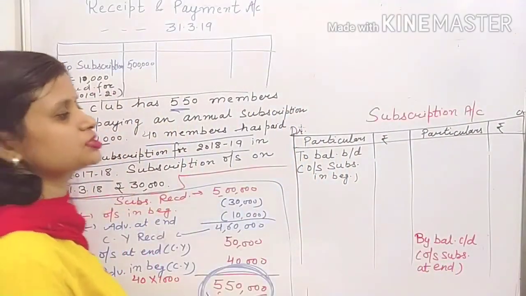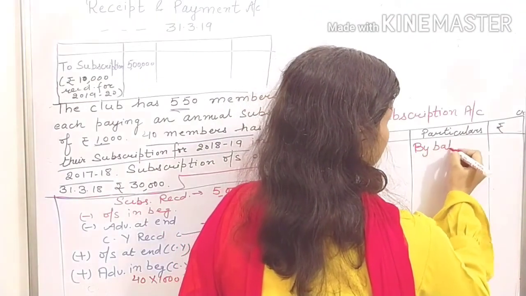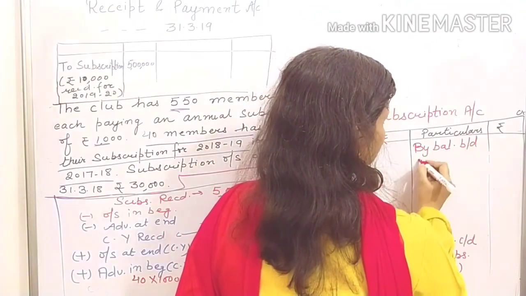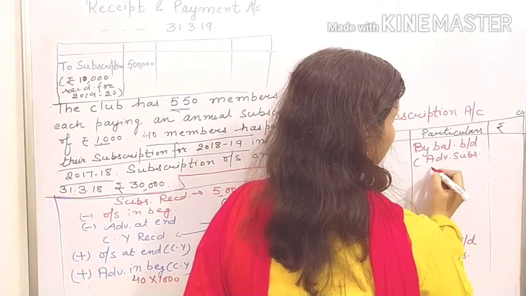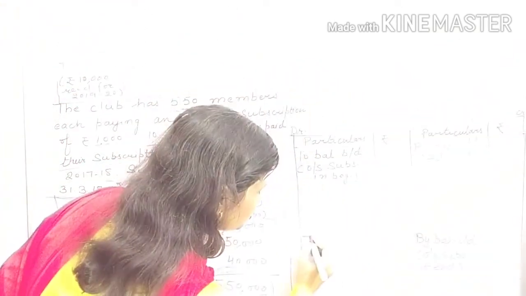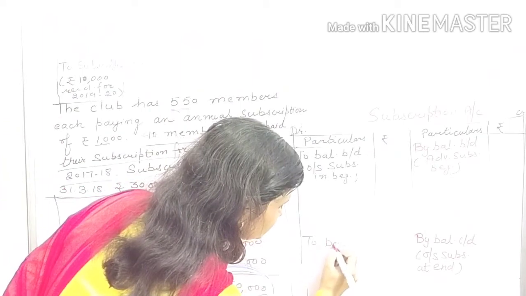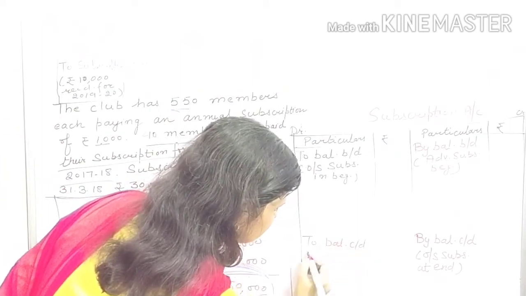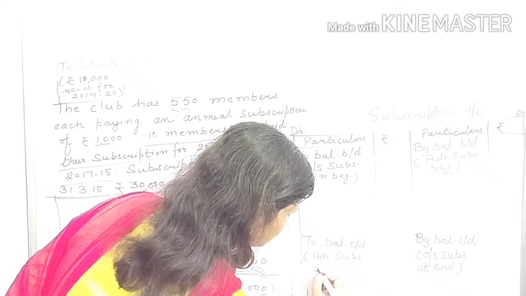Similarly, advance subscription in the beginning by balance brought down. This is your advance subscription in the beginning. And here you will show advance subscription at end, to balance carried down. This is advance subscription at end.